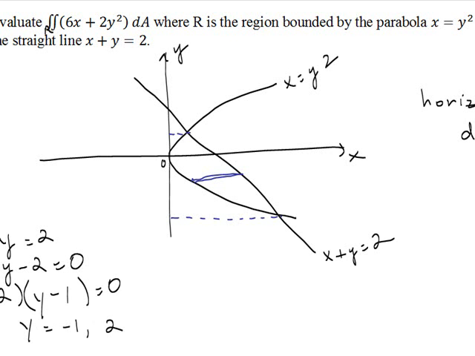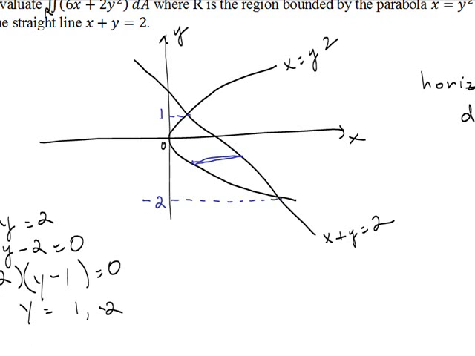Yeah, thanks. So y equals positive 1 and minus 2. So this is minus 2 and this is 1. All right? So let's set up our integral. Any questions so far? Okay, let's go.